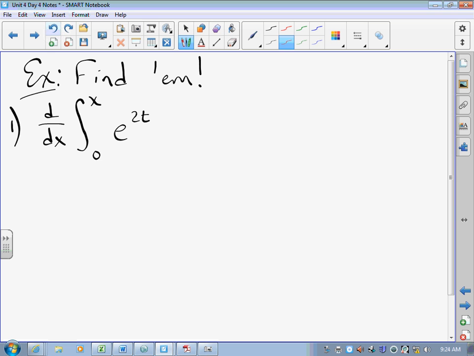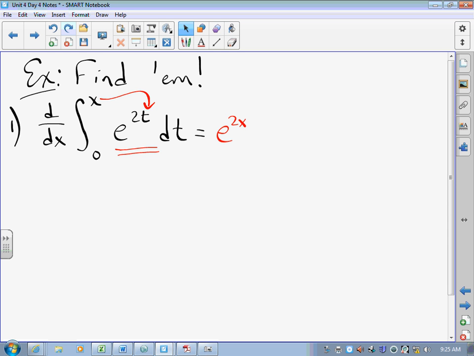And if you have that, the answer is the integrand function with the upper limit subbed in.